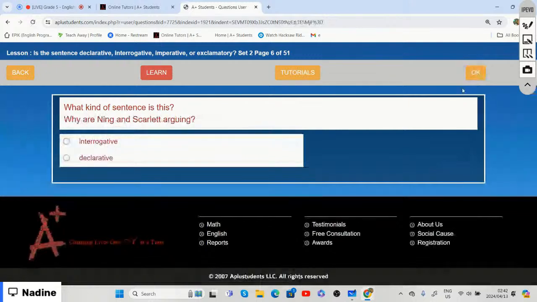Why are Nina and Scarlett arguing? Is this an interrogative sentence or a declarative sentence?